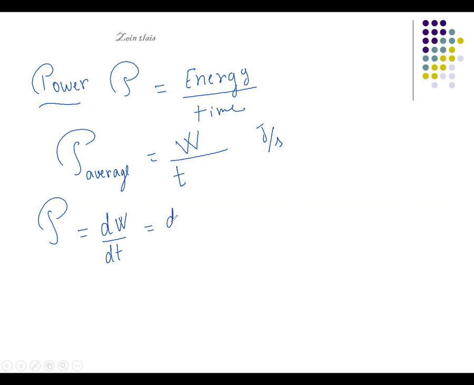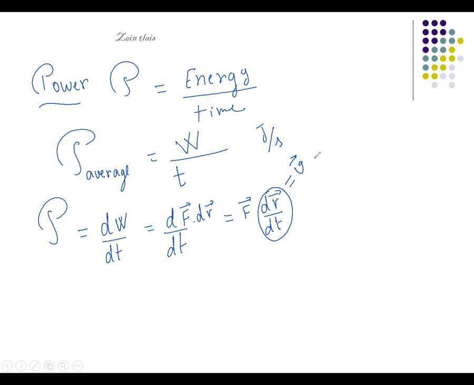And you know that the work done on the object equals F dot the displacement, let's say here we have dr. In this case, F has a constant value, so we can say F dot dr over dt. dr over dt equals v, the velocity.